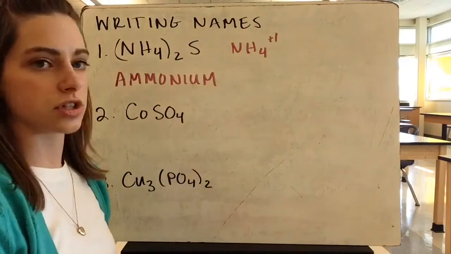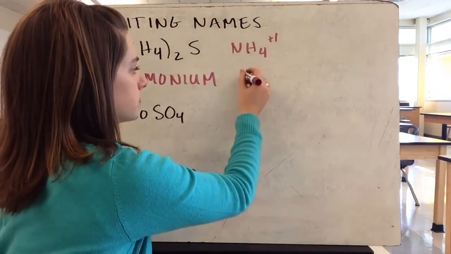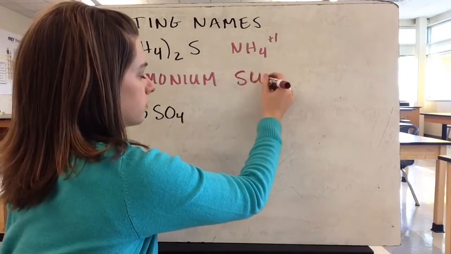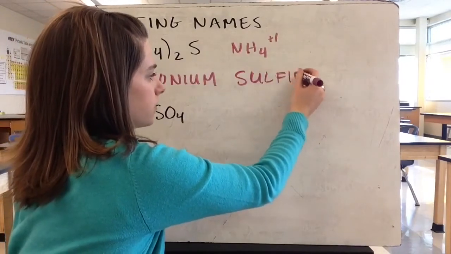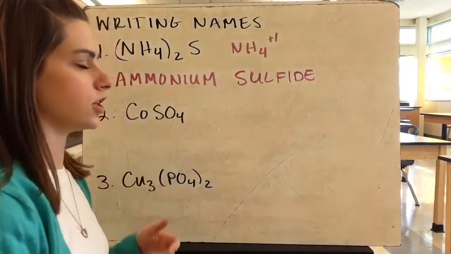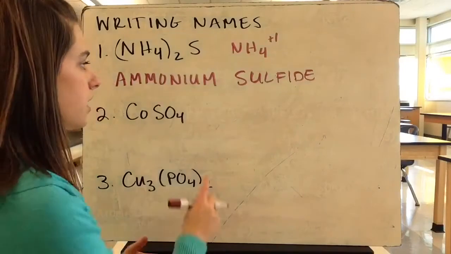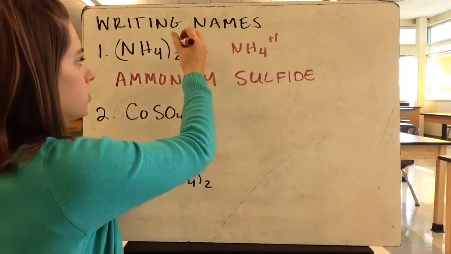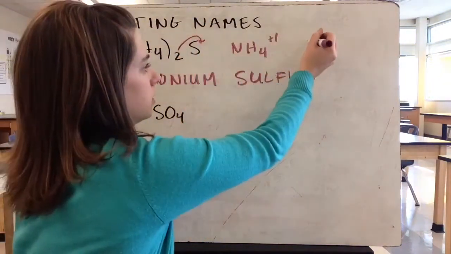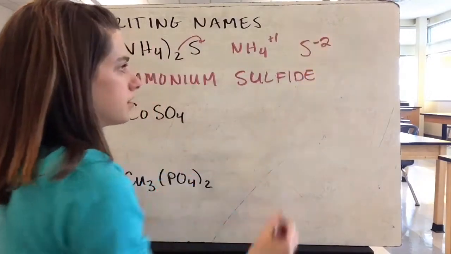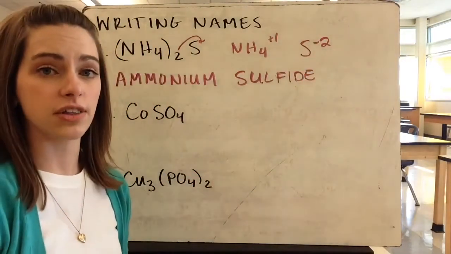And then S is just sulfur. And we know that sulfur is going to be changed to sulfide. So we have ammonium sulfide, and the 2 goes back up here because our sulfur has a -2 charge. That's all there is to it.